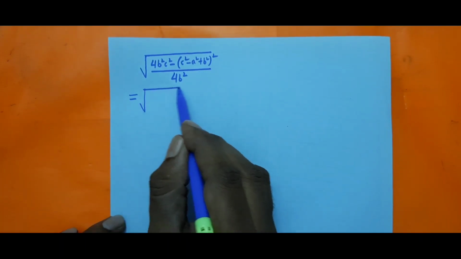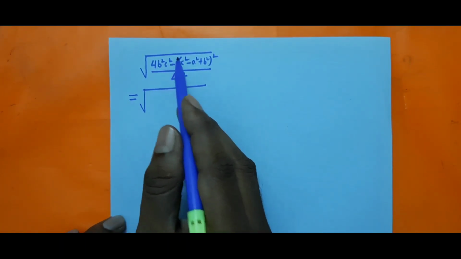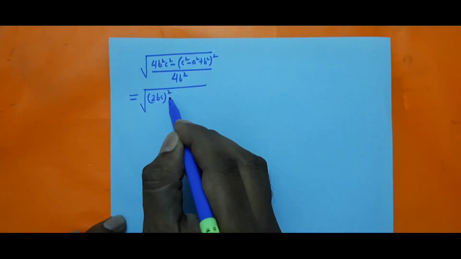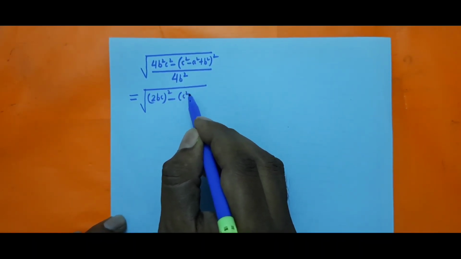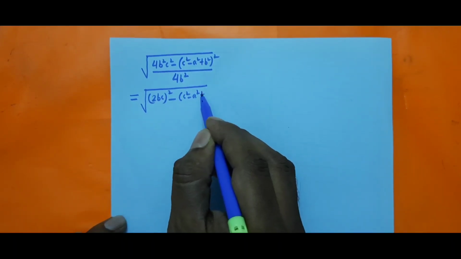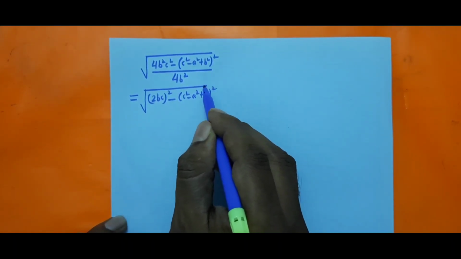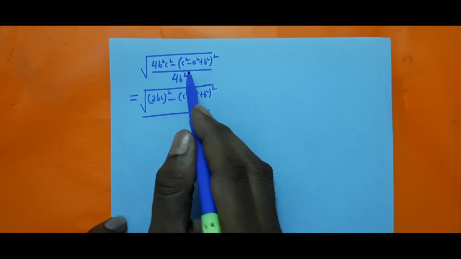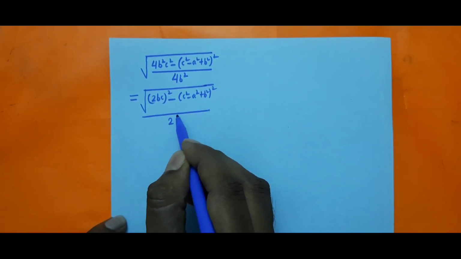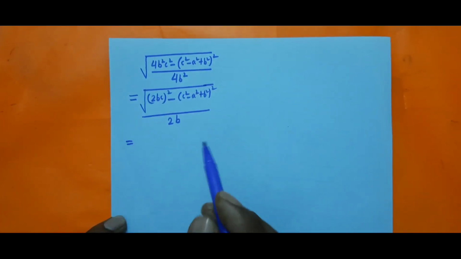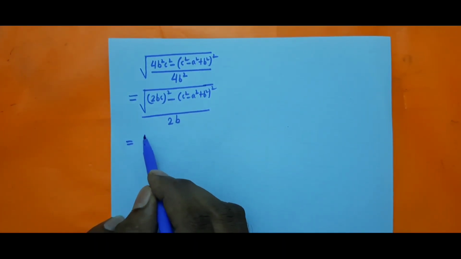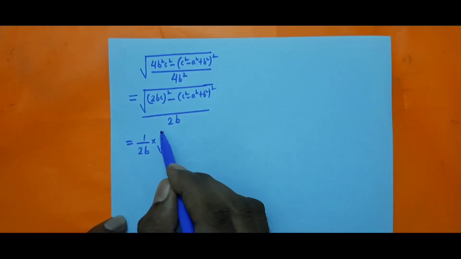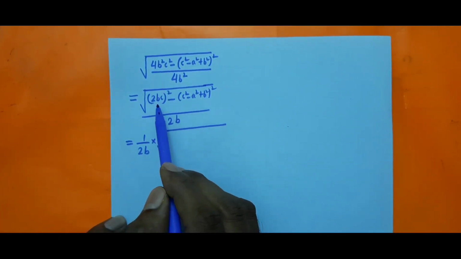In this I am going to write 4b square c square as (2bc) whole square minus (c square minus a square plus b square) whole square, by, for 4b square if you apply square root, it will be 2b.